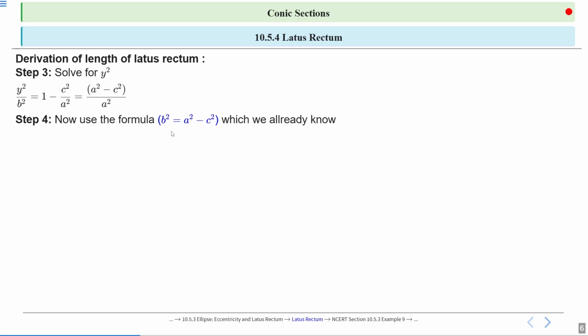Now use this formula, b square equal to a square minus c square. We already know this formula, which we established in our previous lecture. We apply it to the above equation, y square upon b square equal to a square minus c square upon a square.